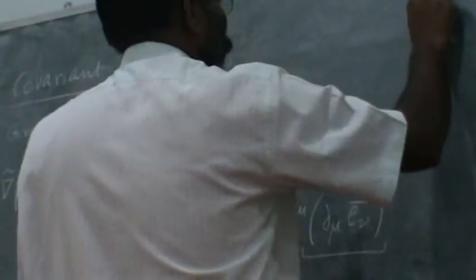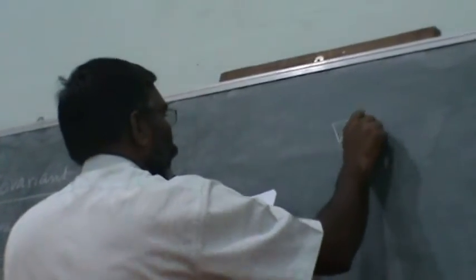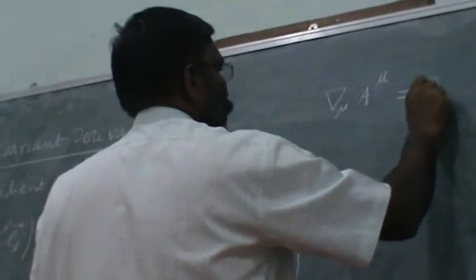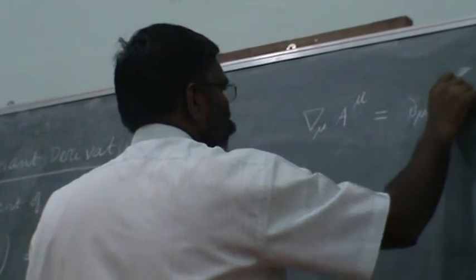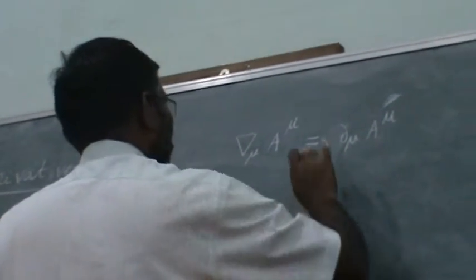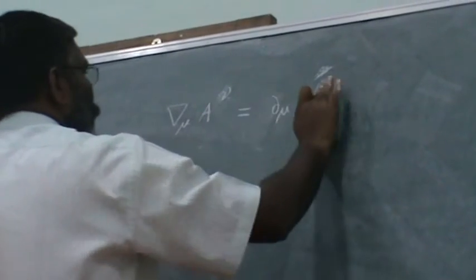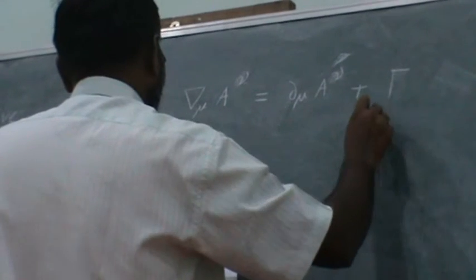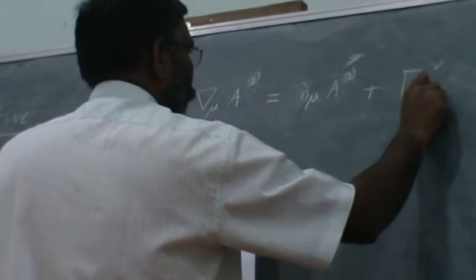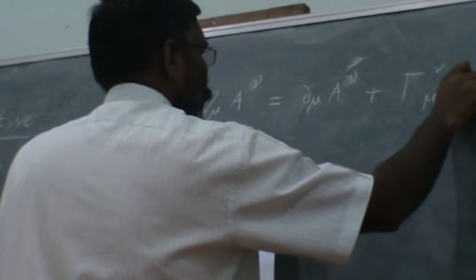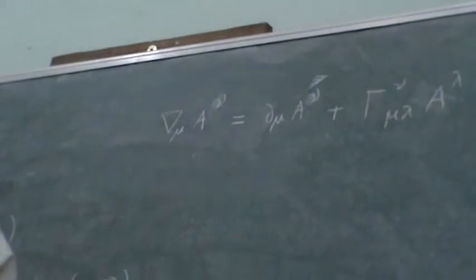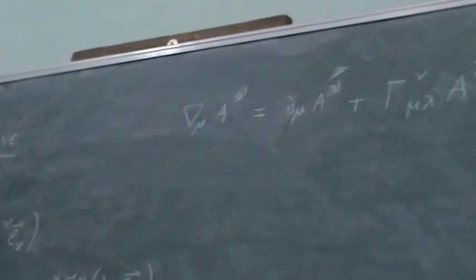So the covariant derivative del_mu A^nu can be defined as del_mu A^nu plus gamma^nu_mu lambda into A^lambda.